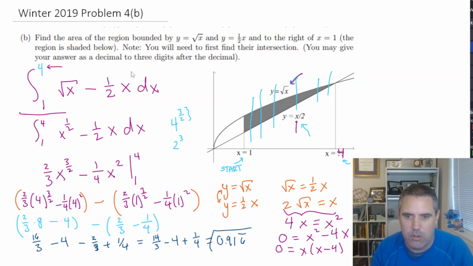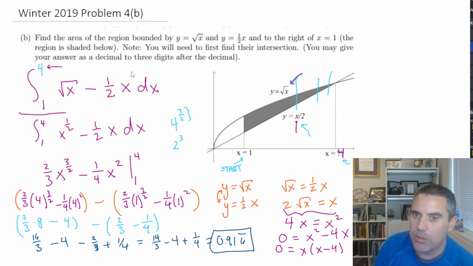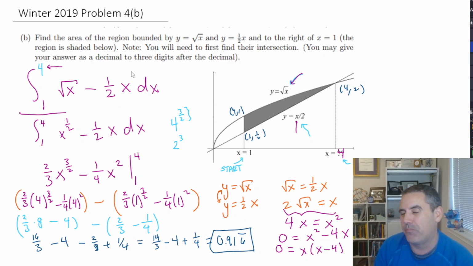0.916. It's a little harder to check your work on these ones, but you could see if it's reasonable, meaning you could label these points. I think when I plug in a 4, I get a 2. When I plug in a 1 here, I get a 1/2. When I plug in a 1 here, I get a 1. You can find the area of this triangle, and it should be pretty close to that.